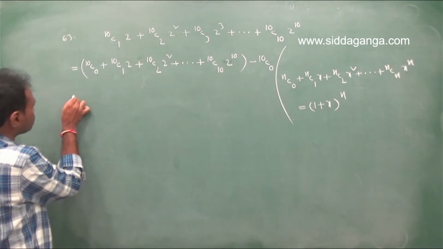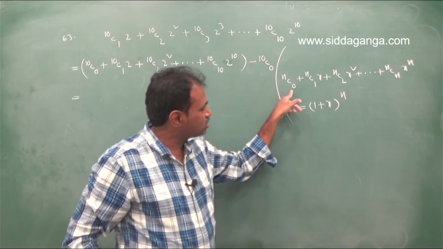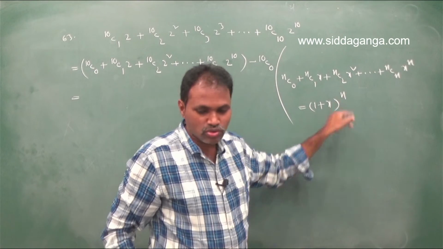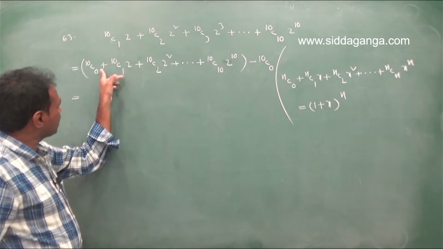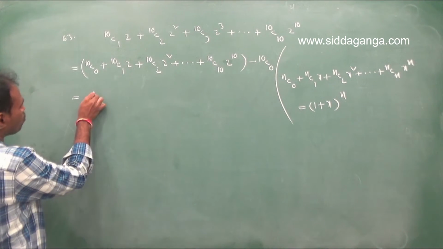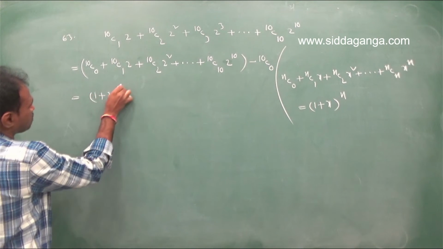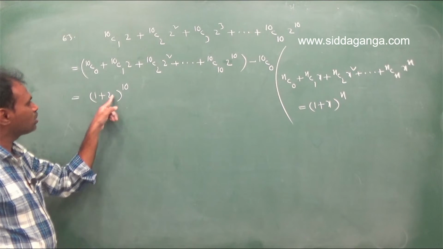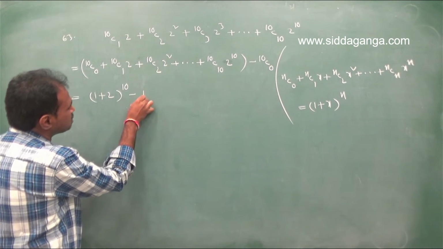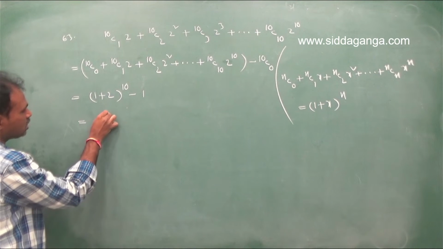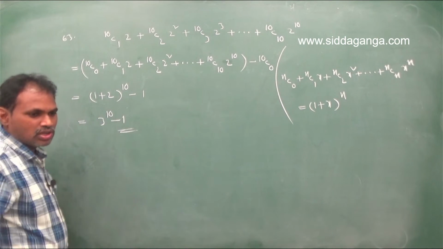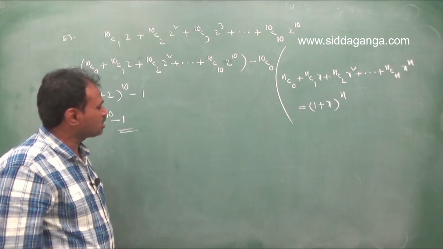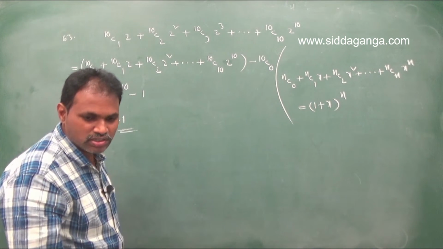Therefore, from that expansion, NC0 plus NC1 x plus up to NCN x power n, you can write 1 plus x whole power n. Instead of the x here, 2 is there. Therefore, 1 plus 2 whole power 10. N value is 10 and x value is 2. Therefore, 1 plus 2 whole power 10 minus 10C0, whose value is 1. Therefore, 1 plus 2 means 3, 3 power 10 minus 1. Therefore, the answer is option 3: 3 power 10 minus 1. Option 3 is right. Next question.